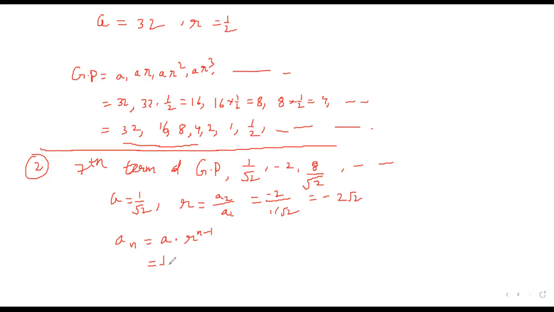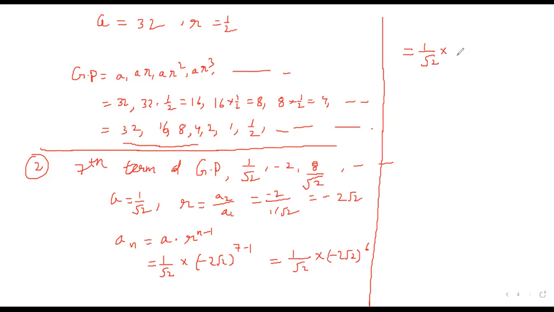Now a is 1 by root 2, r is minus 2 root 2, so it is 1 by root 2 into minus 2 root 2 whole to the power 6.